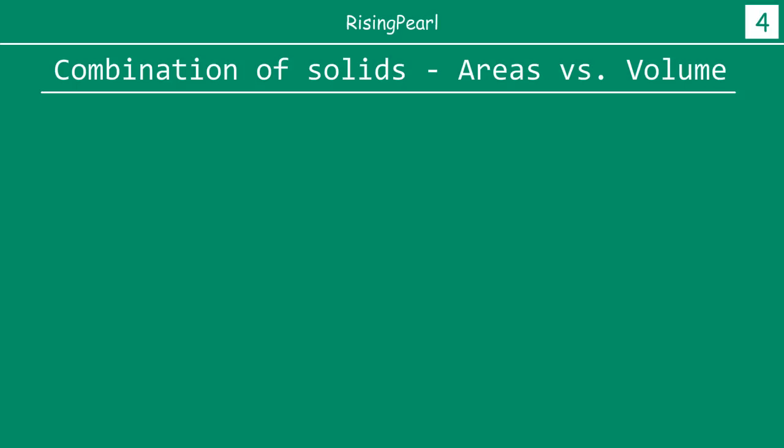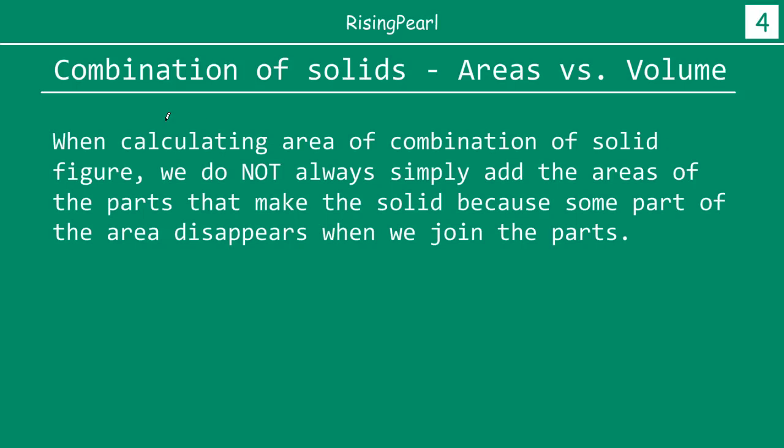The first thing to keep in mind, which is very, very important: when calculating the area of a combination of solids, we do not always simply add the areas of the parts that make up the solid, because some of the areas may disappear when we join the parts.